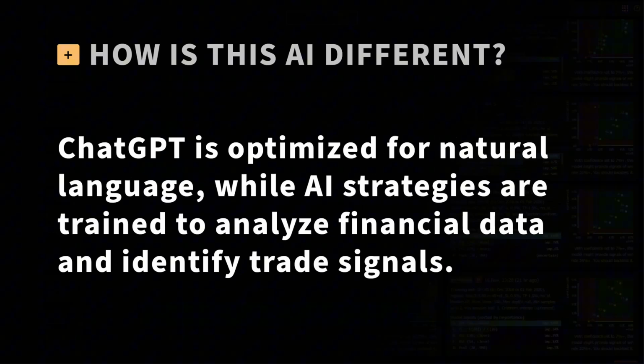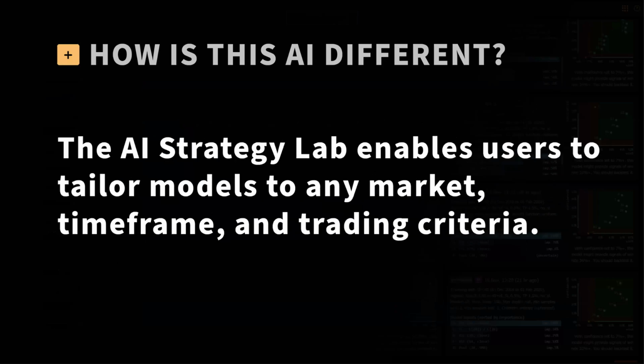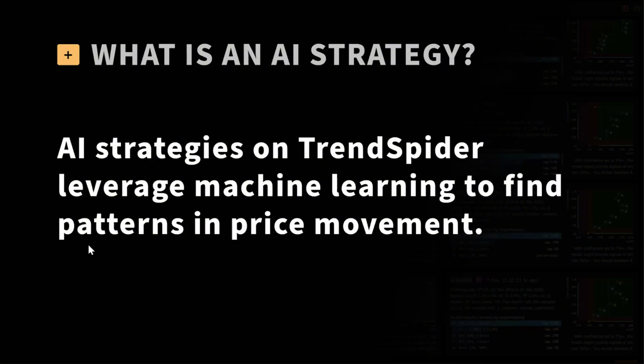ChatGPT is optimized for natural language, while AI strategies in the lab are specifically trained to analyze financial data and identify trade signals. The AI strategy lab enables users to tailor models to any market, time frame, and trading criteria, defining elements like trade horizon and risk tolerance and target outcomes to create predictive AI models precisely tuned to your needs.